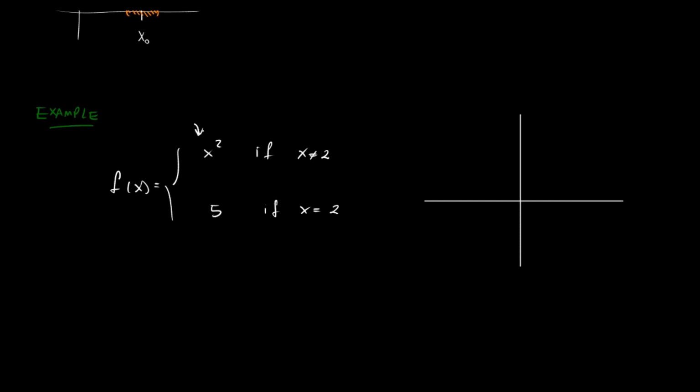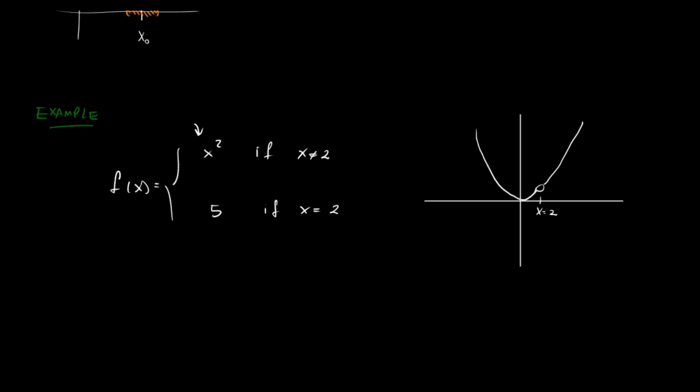We learned in previous videos how to draw x squared, so let's just draw some sketch. It's going to start like this, then in x equal to 2, it's going to be something different, and it will continue like this. This is just a sketch of the function, it doesn't have to be super precise.